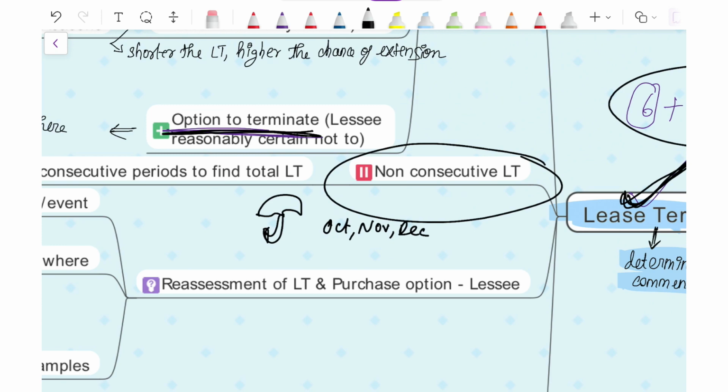So you only take that shop on rent for these 3 months and you sell umbrellas. For the rest of the year, you give the shop back to the lessor. Suppose you have made a lease contract where every year for these 3 months you will get this shop on lease for the next 5 years.